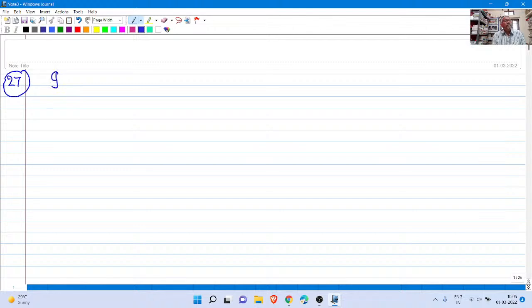If log of 0.000001, how many zeros do we have? 5 zeros. 0.000001 to the base 10 equals x.